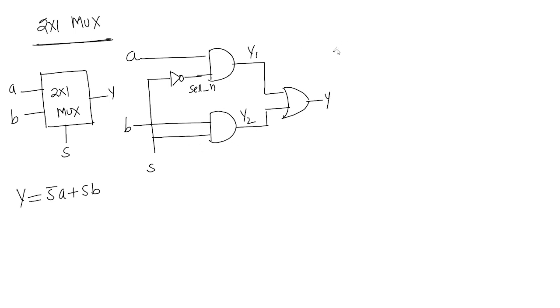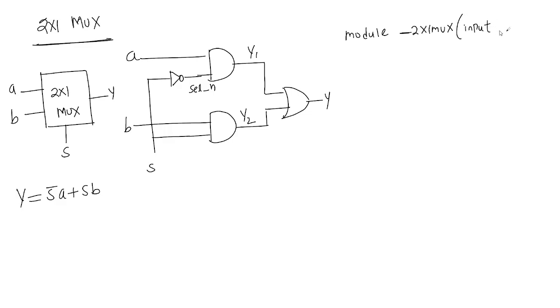First you need to write the module. You can give the module name as underscore 2 cross 1 mux. If it starts with numbers the compiler will not take it, but with an underscore the compiler will take it.